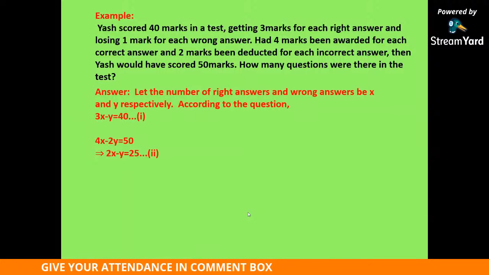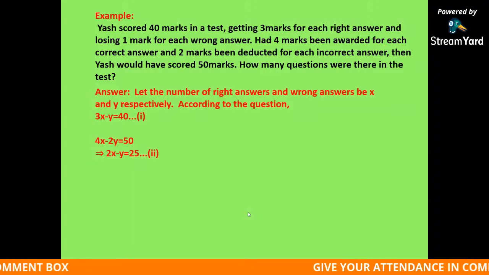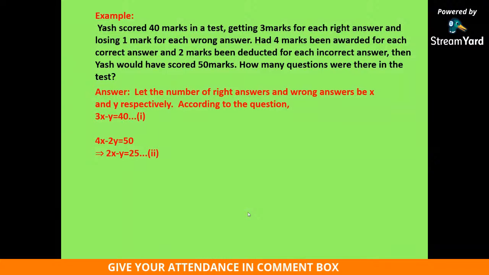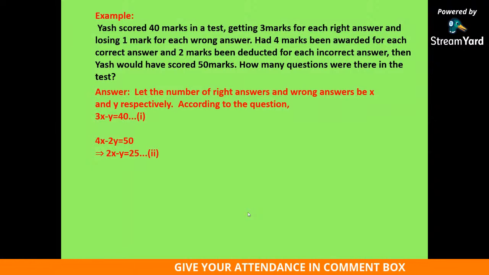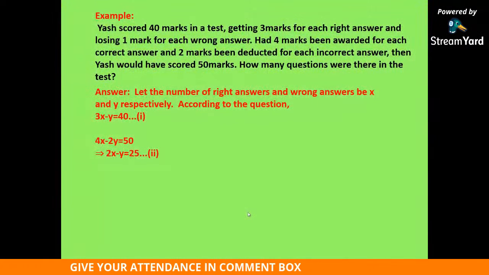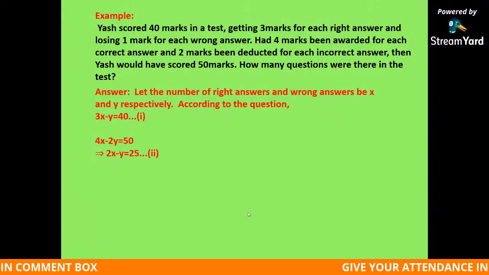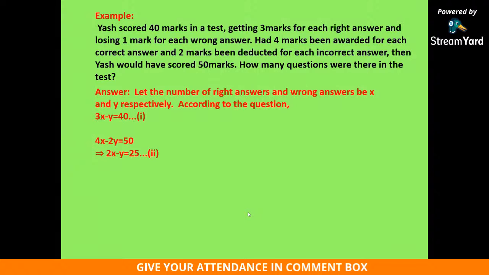Out of the total questions, Yash has written a few correctly and in some questions he made mistakes. The answers are wrong. First, think how many right questions and how many wrong questions Yash has written; that we have to assume. For this one, we will make a consideration here.